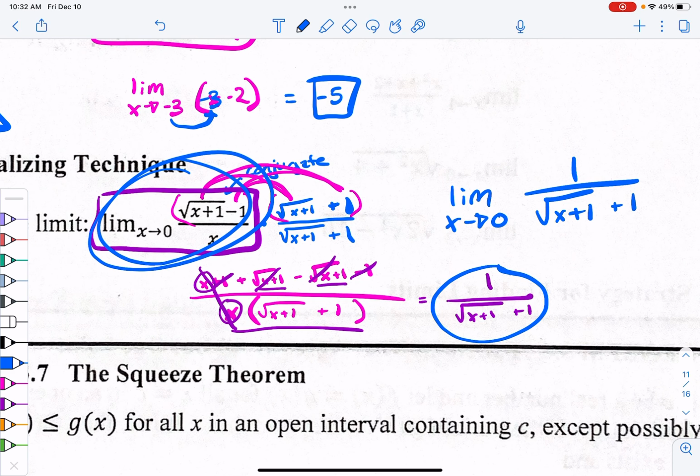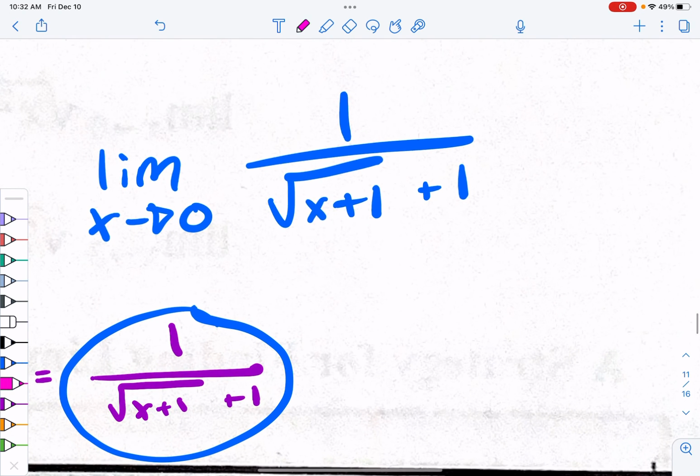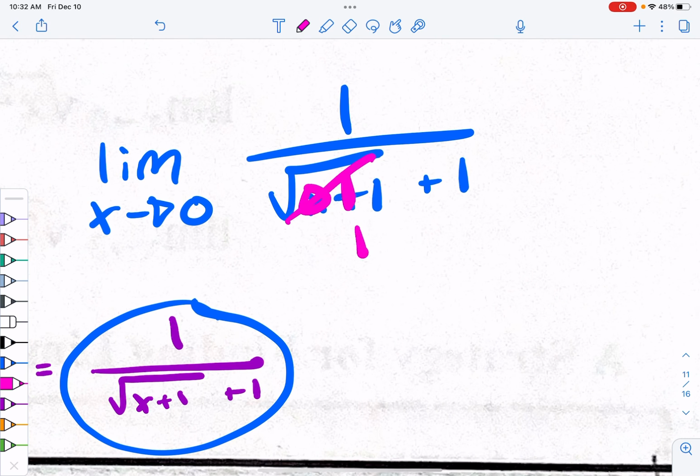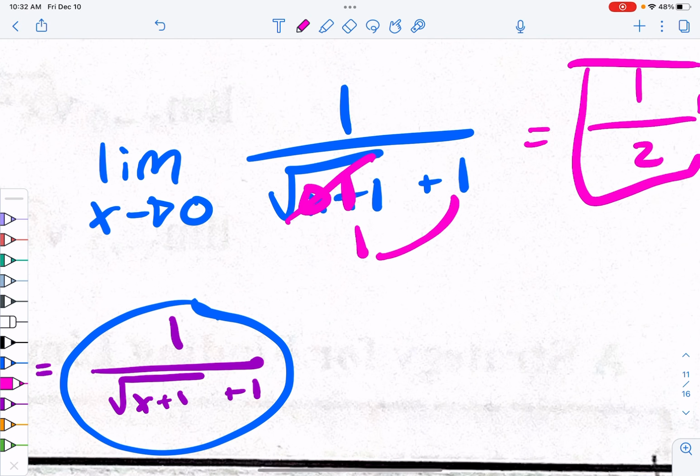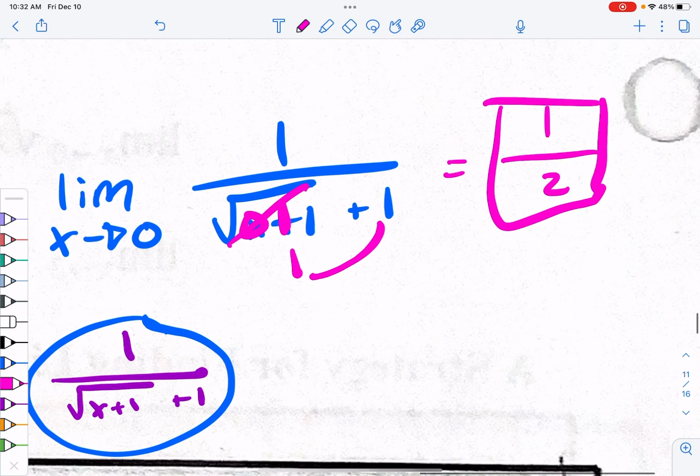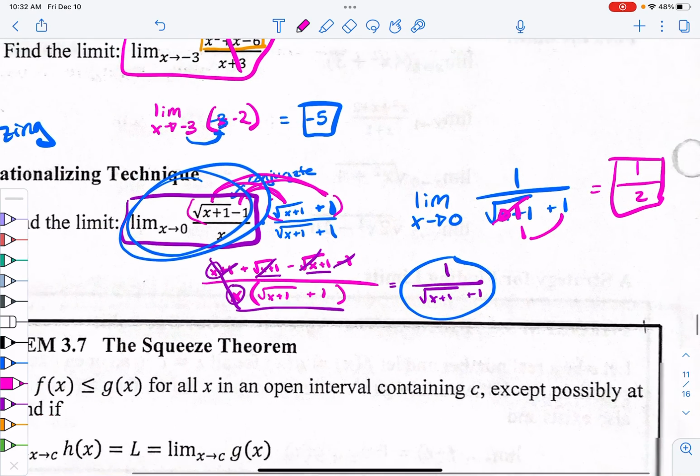I just changed what it looks like. So now I can plug 0 in, okay? And I have the square root of 0 plus 1, which is the square root of 1, and the square root of 1 is 1. So I have 1 over 1 plus 1, which is 2. So the limit here is going to be 1/2. That's what it will look like, okay?